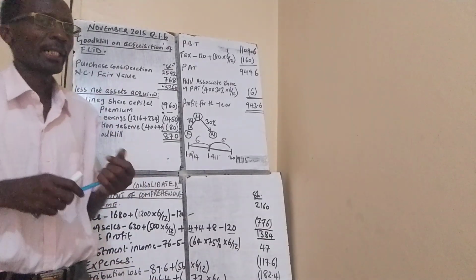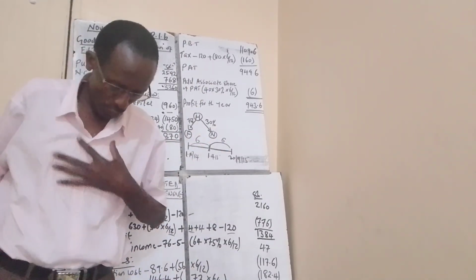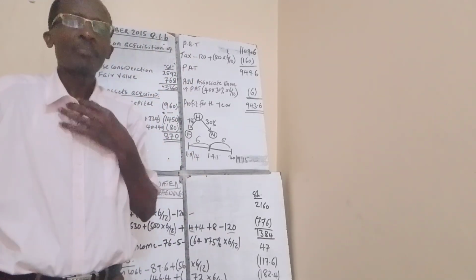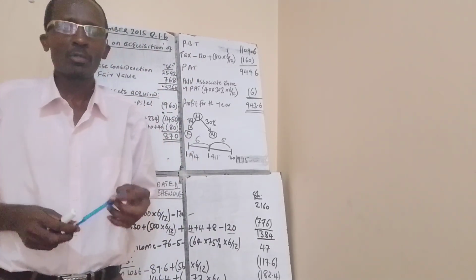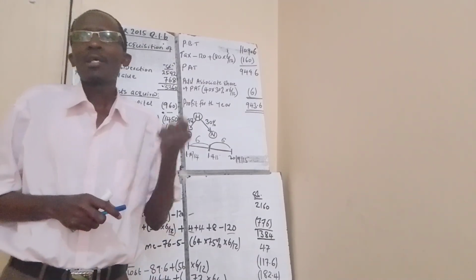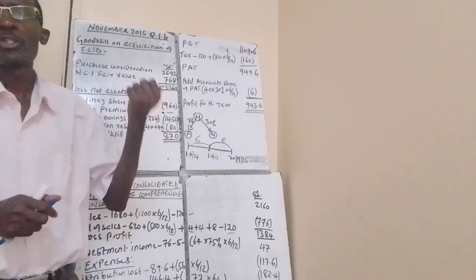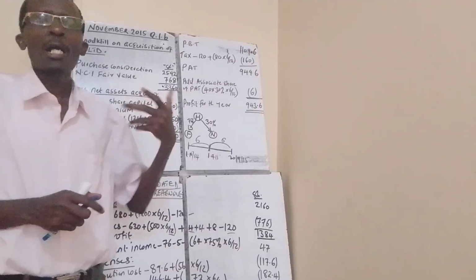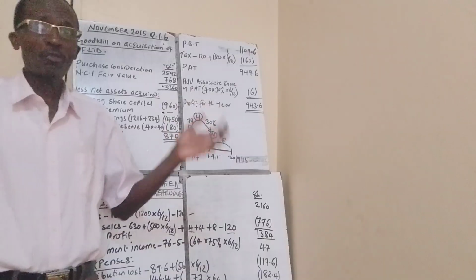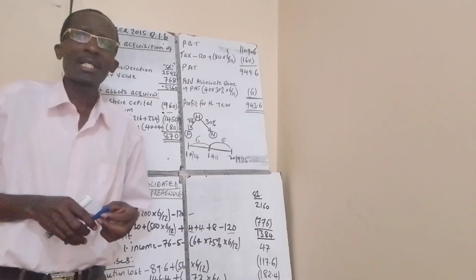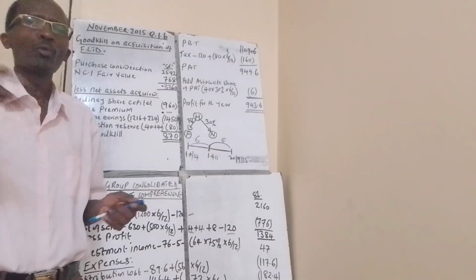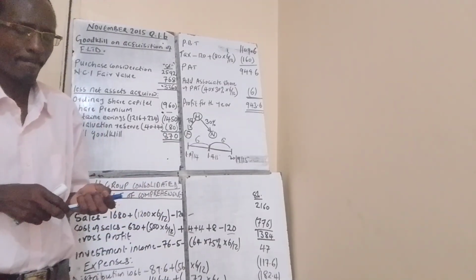We were required to calculate the goodwill, and there are two methods of calculating goodwill. One is known as the partial provision method, whereby you only consider that goodwill which is accounted for on the part of the parent. And then we have the full provision method, whereby you have to recognize the goodwill on the side of the parent as well as the goodwill on the side of the NCI.